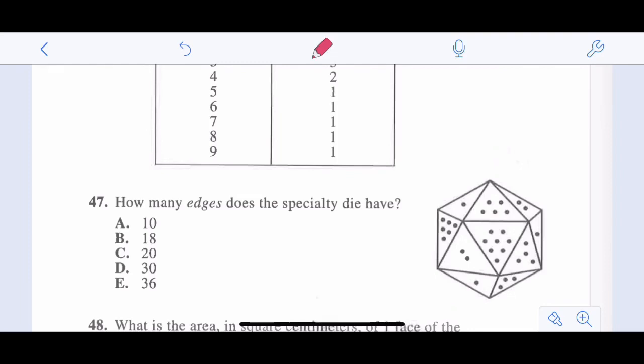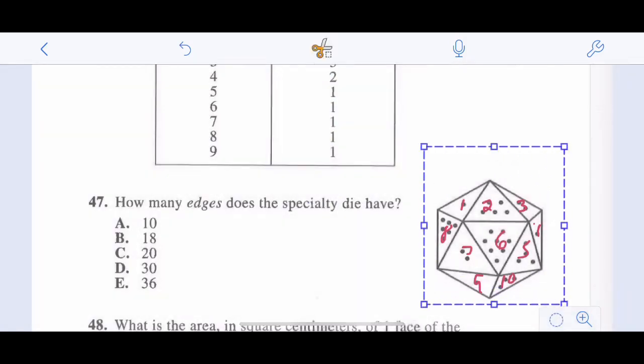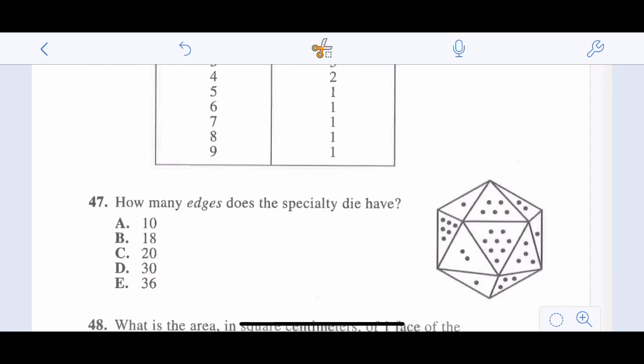So we have 1, 2, 3, 4, 5, 6, 7, 8, 9, 10 sides showing on this 20-sided die. That means we see half of it. So we could just count 1, 2, 3, 4, 5, 6, 7, 8, 9, 10, 11, 12. 12 on the inside.